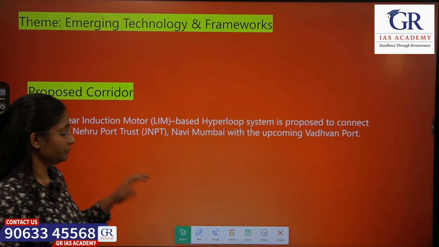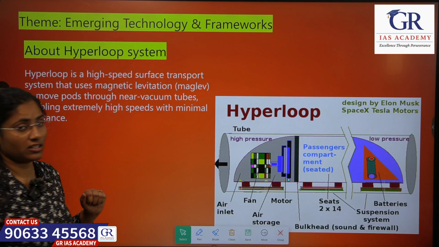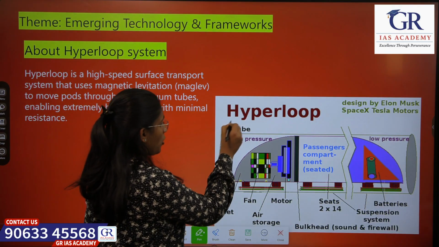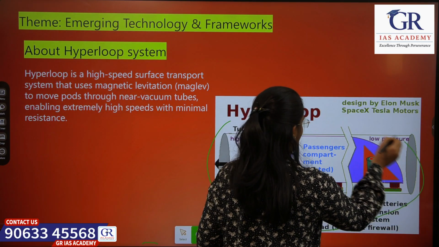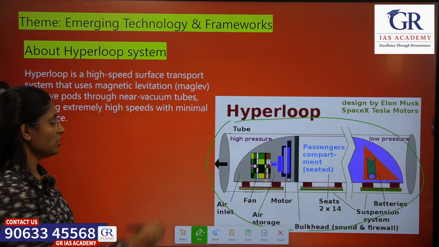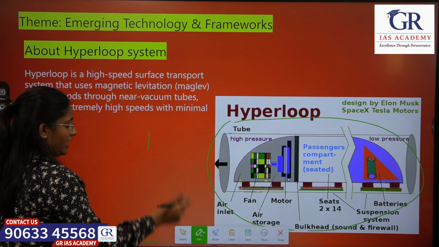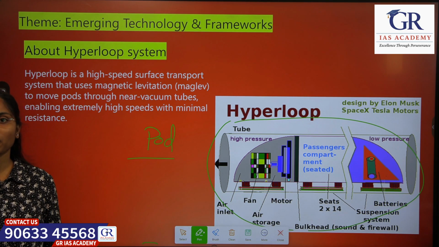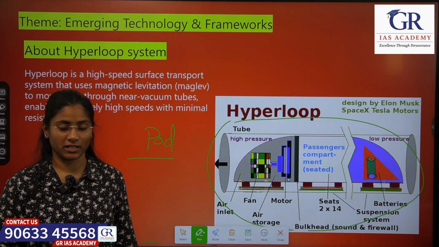Let's see about the Hyperloop system. If you notice, this is a pod. What is a pod? A pod is a carriage or a vehicle used to transport people from one place to another place.